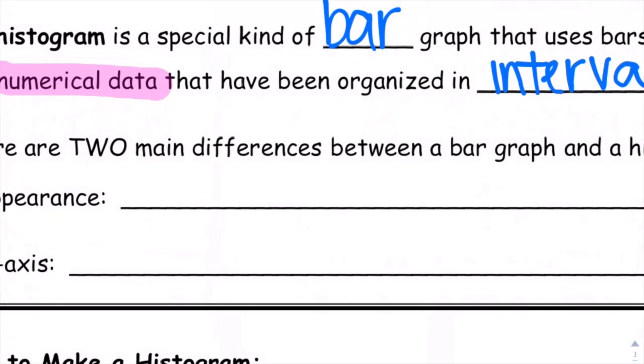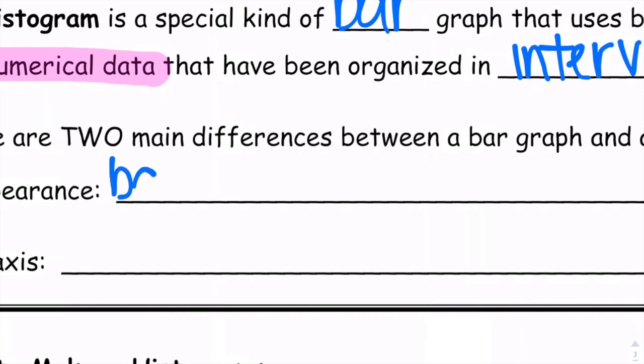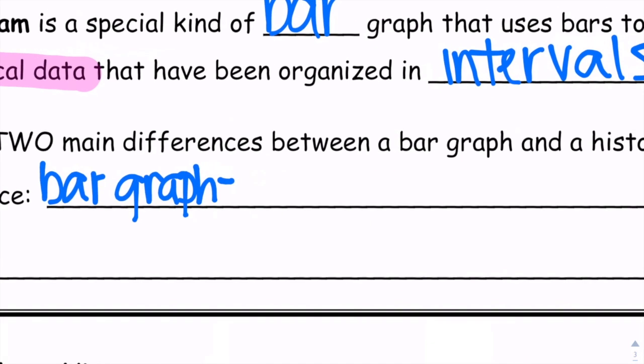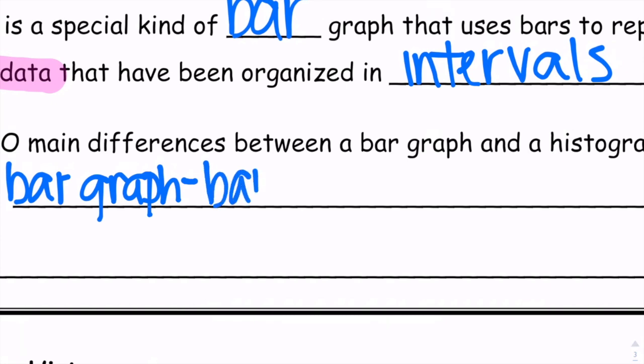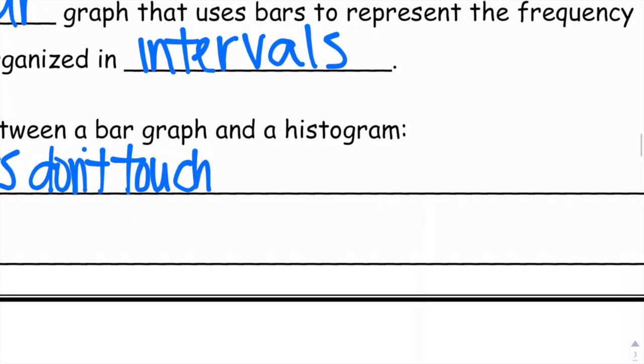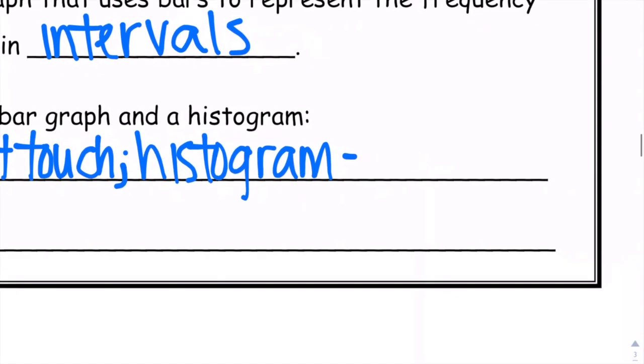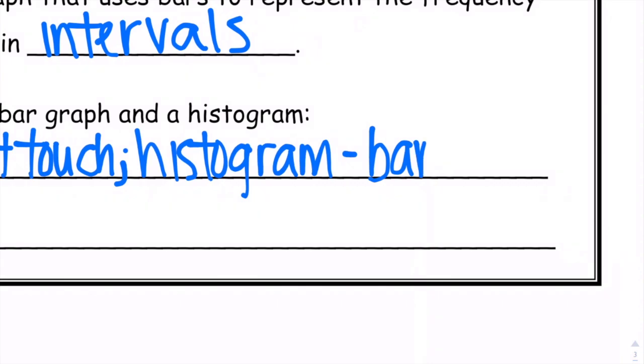So the appearance is that in a bar graph, your bars don't touch. And in a histogram, your bars do touch.